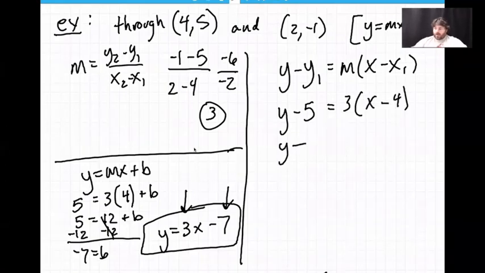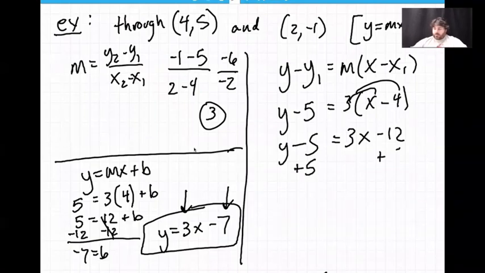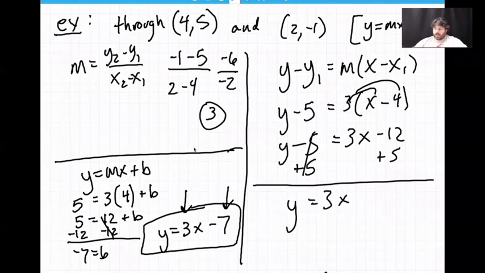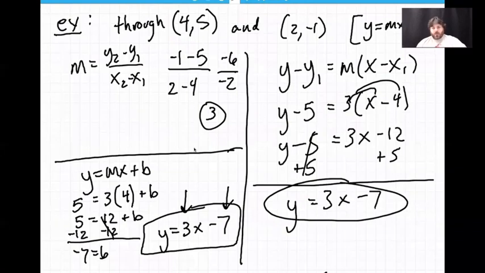I get y minus 5 equals, when I distribute, 3x minus 12. All I have to do to write the equation is move this number over, and I've got y solved for. Y is equal to 3x minus 7, and that's my equation. You should get the same answer either way. It doesn't matter which way you use, just whichever way you prefer.